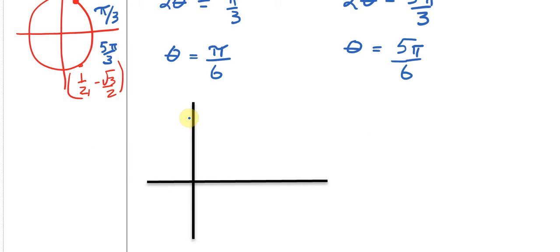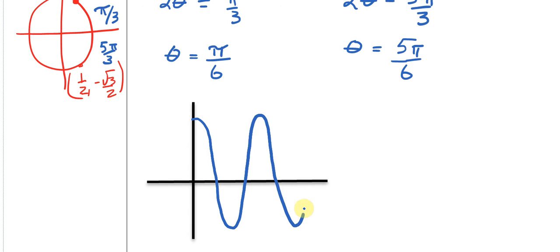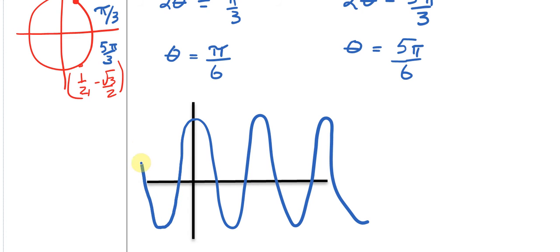So let us consider the graphical view of this, just as we did before. This time, instead of graphing cosine theta, I am going to graph cosine 2 theta. So this graph here is the graph of f of theta equals cosine 2 theta. What that means is there's a horizontal shrink on everything.